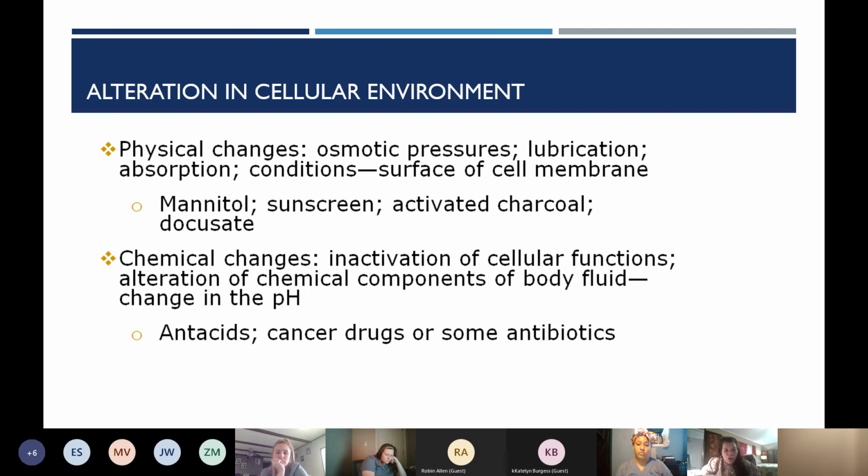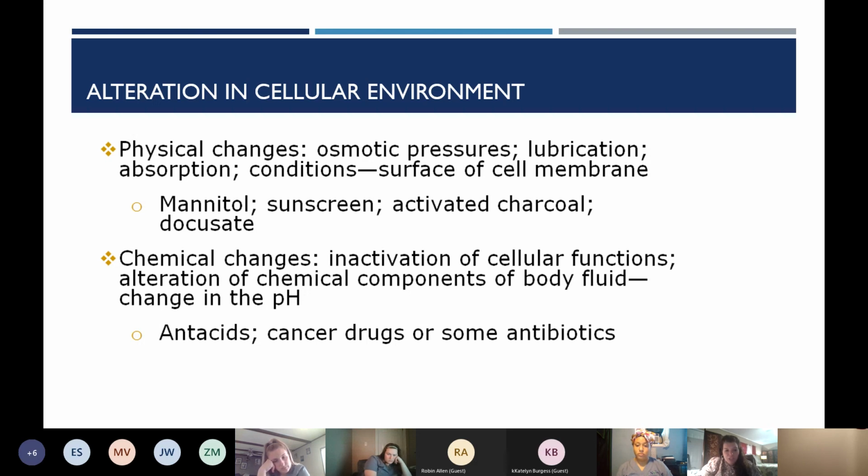That activated charcoal causes a physical change to the lining of the stomach so that the medication cannot be absorbed. And then eventually the patient's going to vomit. But that's how it works. Does that make sense, that that's a physical change that occurs?